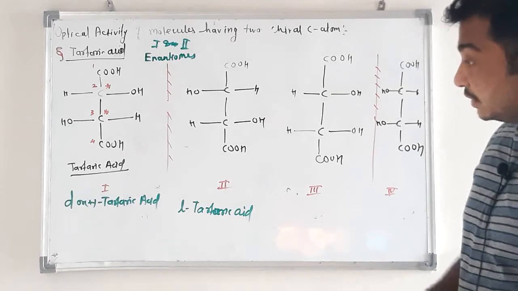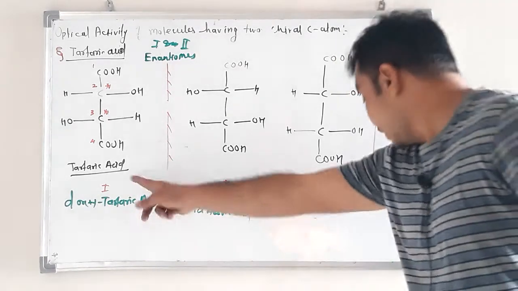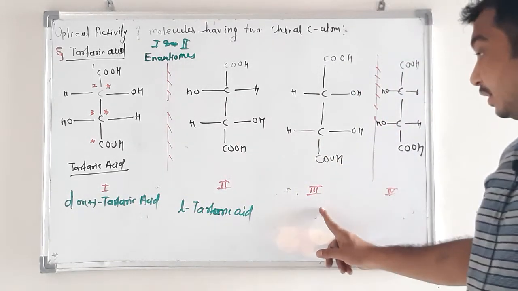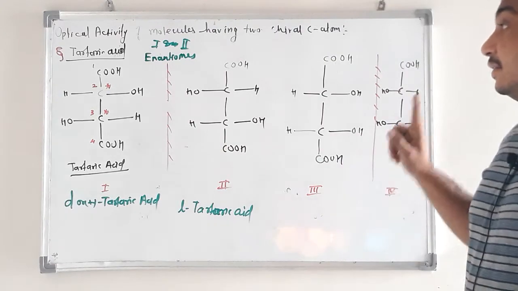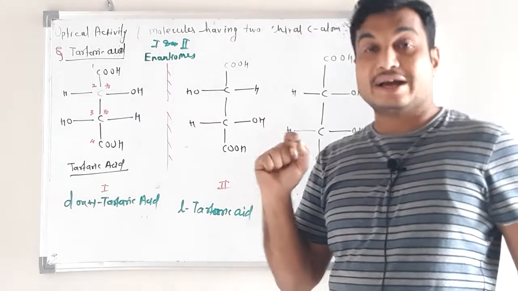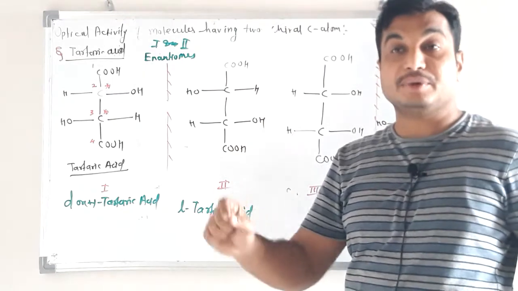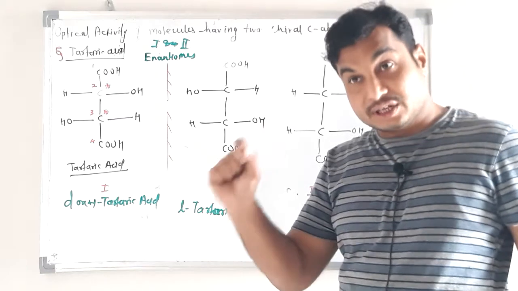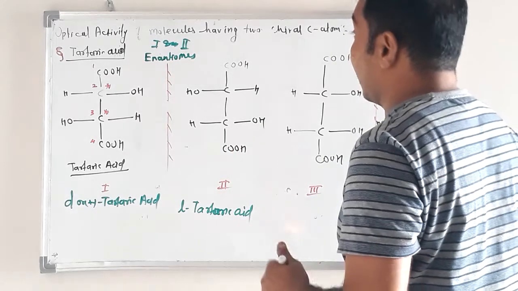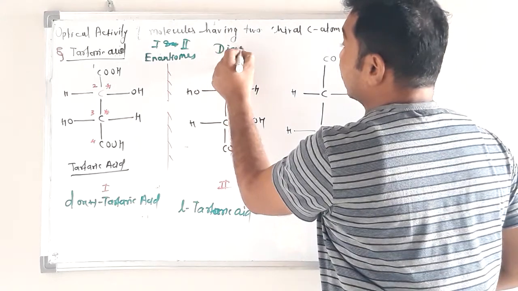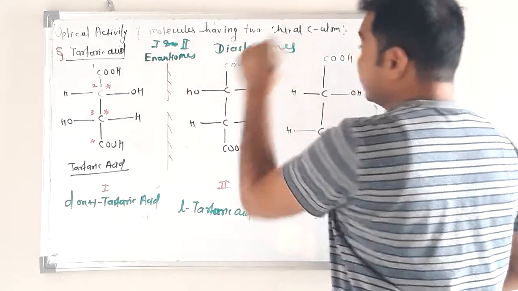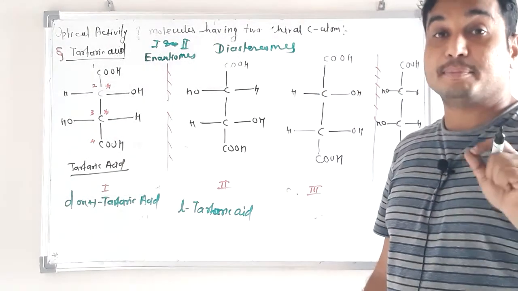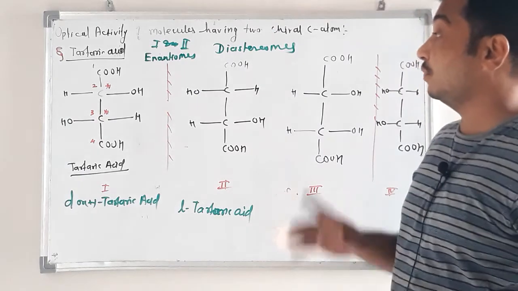Okay, what is the relation between 1 and 3, or 1 and 4? They are stereoisomers but not mirror images of each other. Such stereoisomers are called diastereomers. Diastereomers are stereoisomers which are not mirror images of each other.